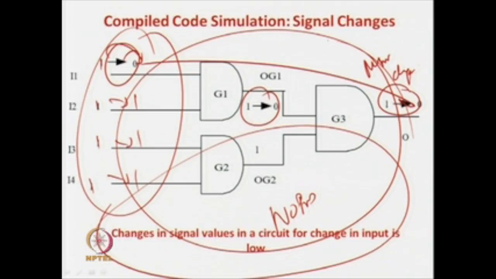Unnecessarily, just for a minor change, you are compiling and executing, and everything is re-evaluated. So, even if a very small part of the circuit is changed, you are doing redundant computation for other parts of the circuit.